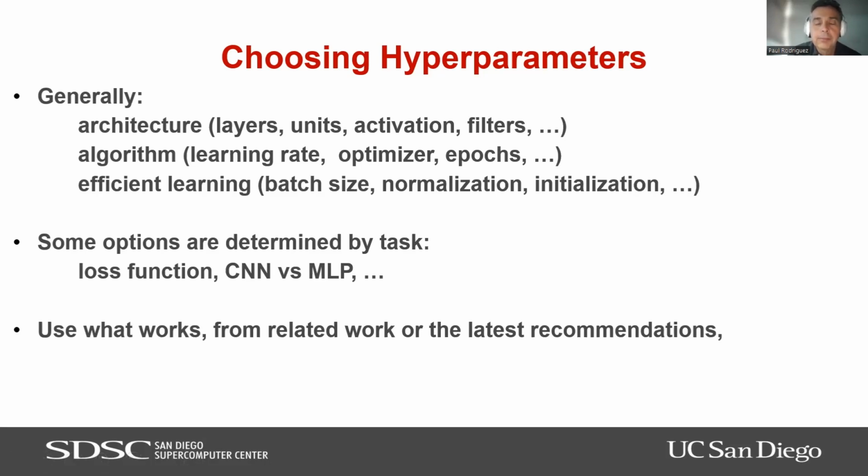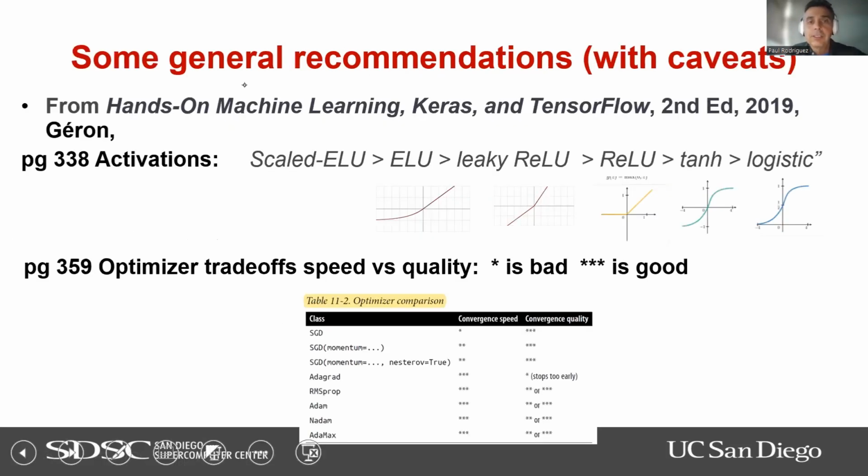And really often you're going to want to look and see what other people have done and see what works, because that's probably always a good place to help you choose your parameters and your network. There are some people who've done some analysis and written some recommendations.